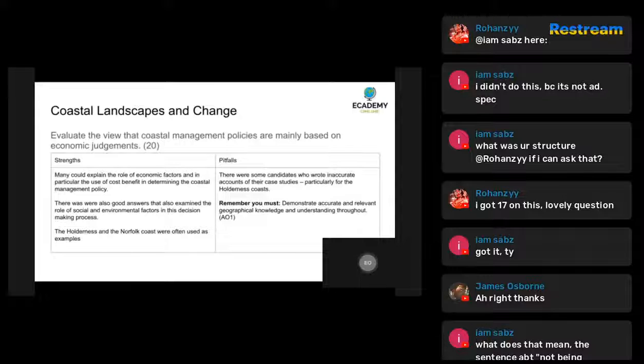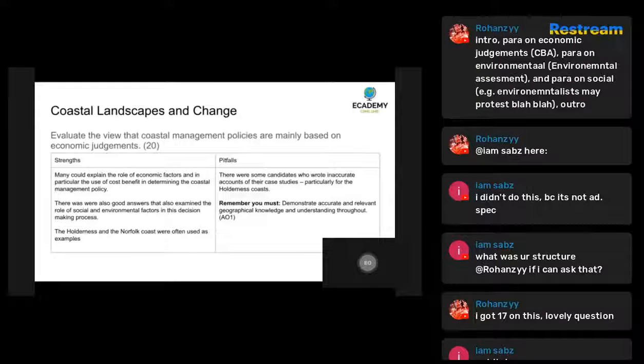If you're getting something a bit mixed up, it will have an impact on whether you hit the 16 to 20 mark band. And the same thing can be applied to glaciers too, in terms of what the specification will be requiring.